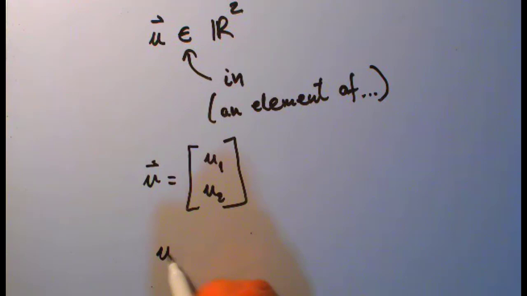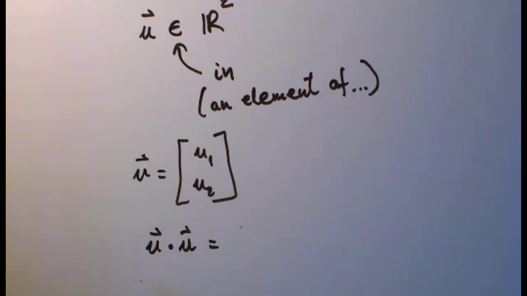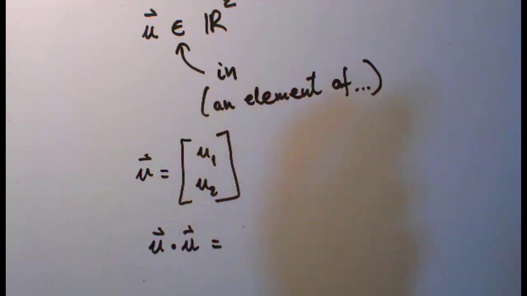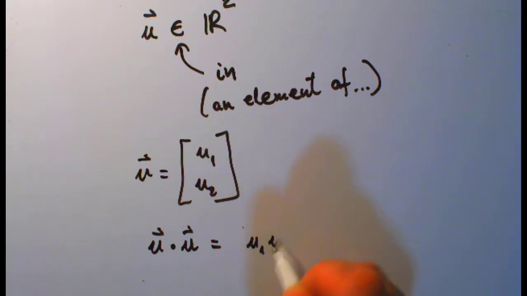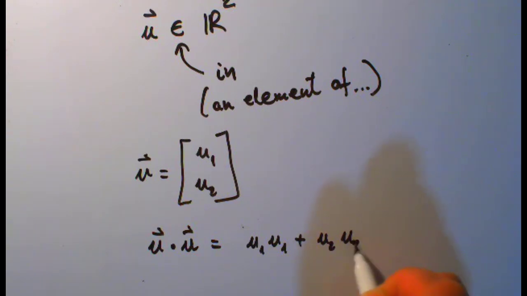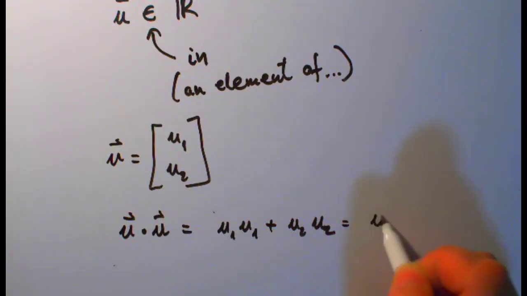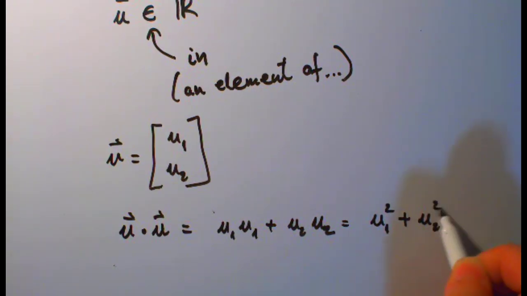What if we take the dot product of our vector u with itself? According to the definition of the dot product, we go u1 times u1 plus u2 times u2. And that turns out equal to u1 square plus u2 square.